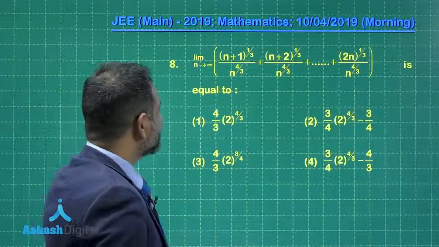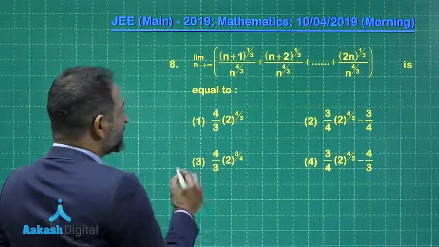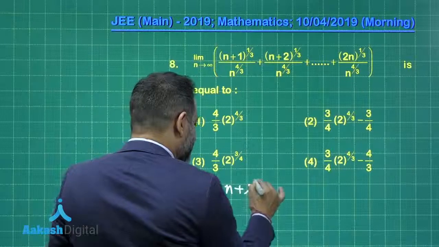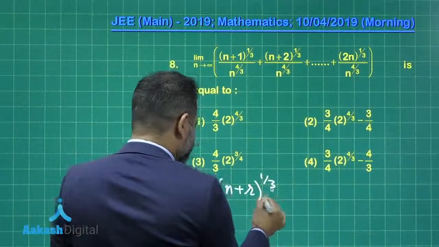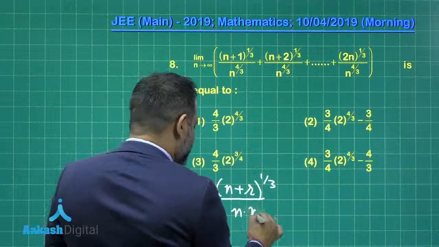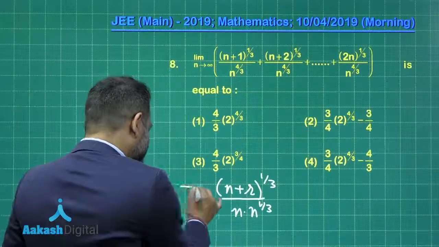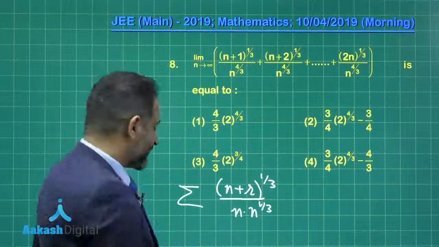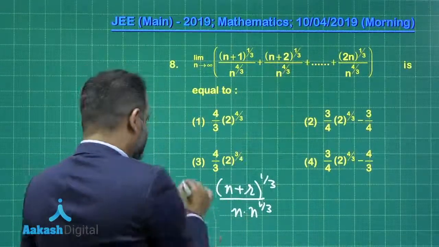So, let us see the general term of this limit first. You can see the general term is (n plus r) raised to the power 1 by 3 upon n into n raised to the power 1 by 3. Now, sigma the first term, definitely the r will start from 1 and it will move up to n.